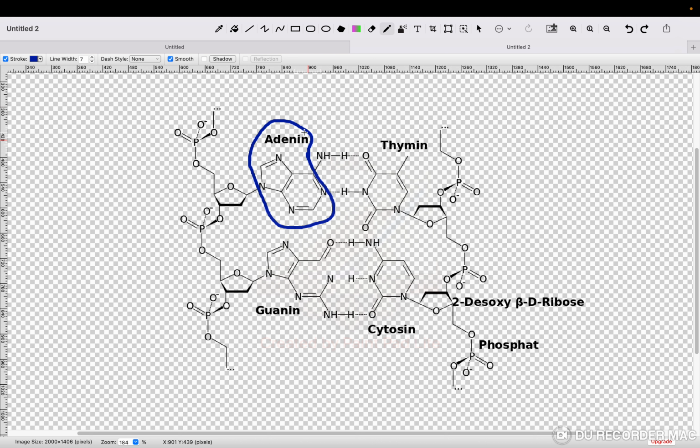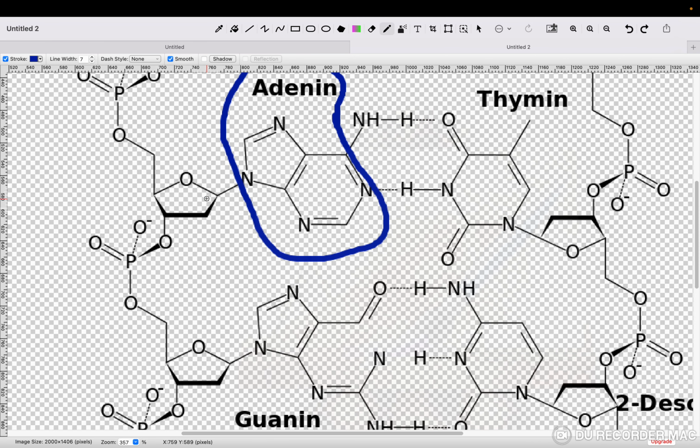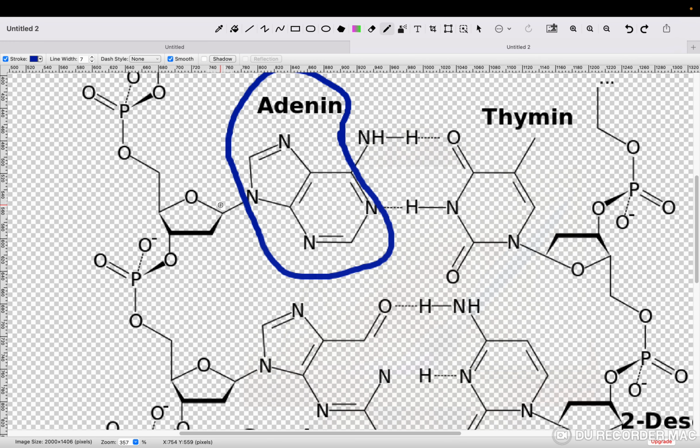This is the adenine. When we say a nucleotide is made out of a phosphate, a nitrogenous base, and a sugar, like ribose in this case, you can see here the nitrogenous base is bound to the 1' carbon. Here is the 2' carbon. Here is the 3', 4', and 5'.